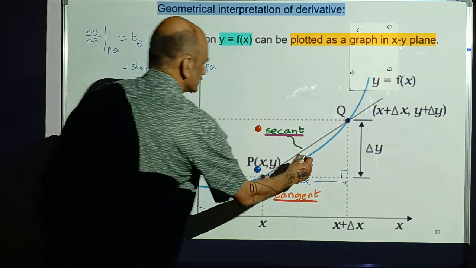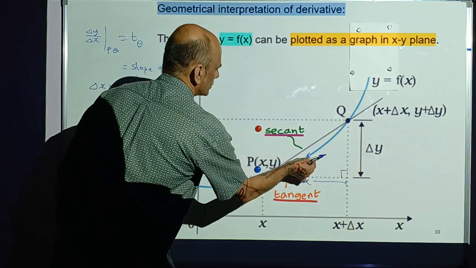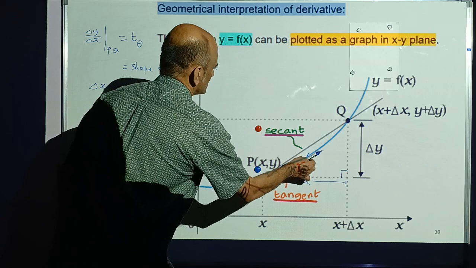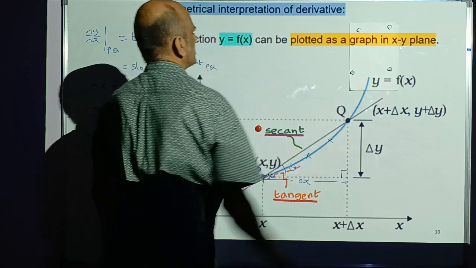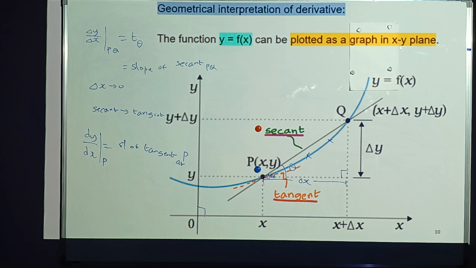So at this point, dy by dx is, you have to draw a tangent here, it's the slope of this tangent. At this point, it is slope of this tangent. Tangent is becoming steeper and steeper. Delta y by delta x is defined between 2 points. dy by dx is defined at individual points. So here in pair of points, here it is defined for each point. Single point, you can find dy by dx.